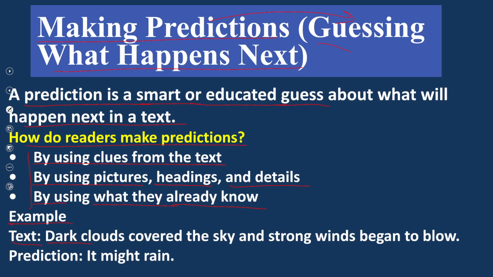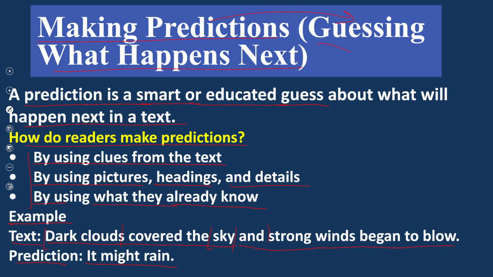The text is: dark clouds covered the sky and strong winds began to blow. This is the text or the line. Prediction. Now, look at this. It might rain. How can we conclude, how can we predict, how can we guess? Dark clouds covered the sky and strong winds began to blow.